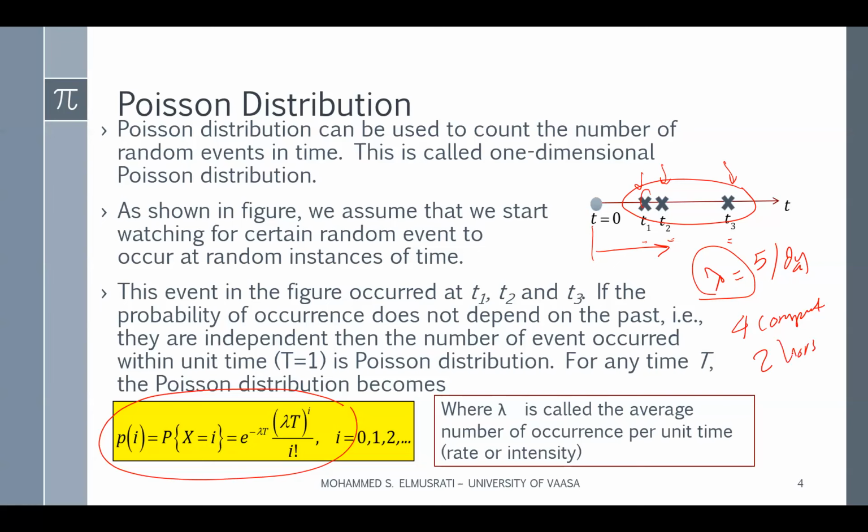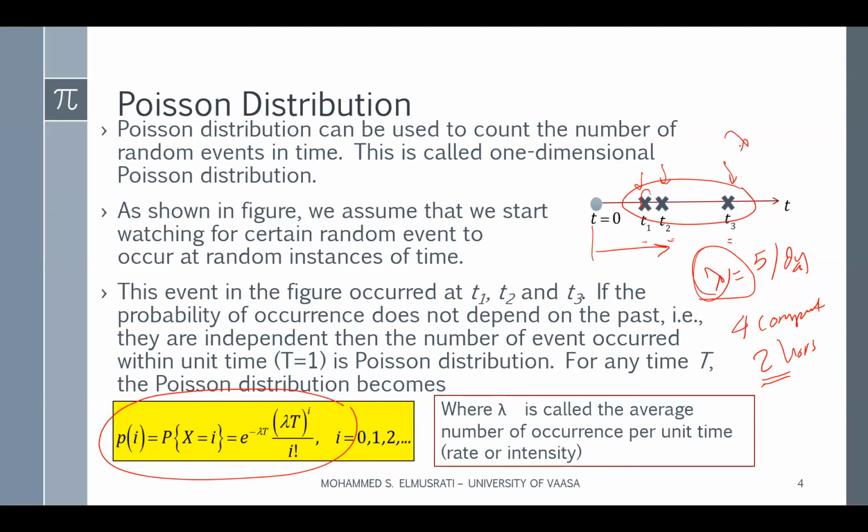What is the probability that 2 of these computers will be switched off during the 2 hours of the lecture? Even at different times, no problem, not necessarily at the same time, but 2 computers switched off during these 2 hours. We calculate this based on lambda. What is lambda? Lambda is the rate of switching off of a computer due to some malfunction.